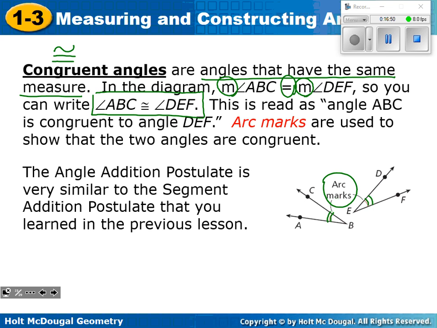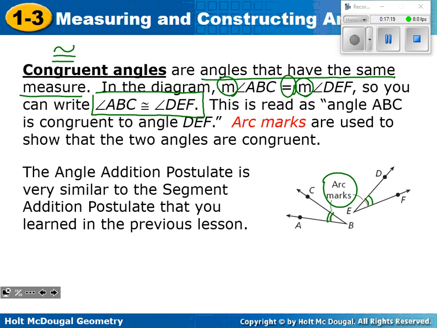Here's the thing that always confuses students. If I have a picture of more than one angle, like this, if they're trying to tell you that the two parts are congruent, they will stagger the marks. They will not make it one solid curve. If they make it one solid curve, like this, then what they're telling you is the whole angle has a measure.